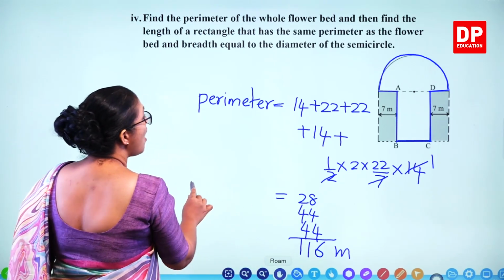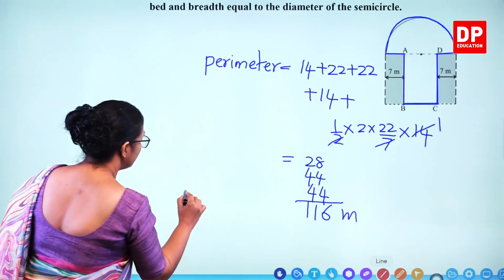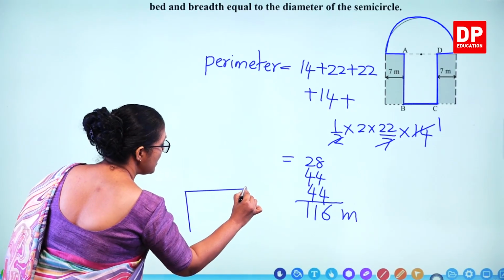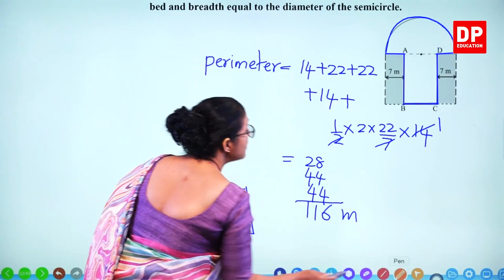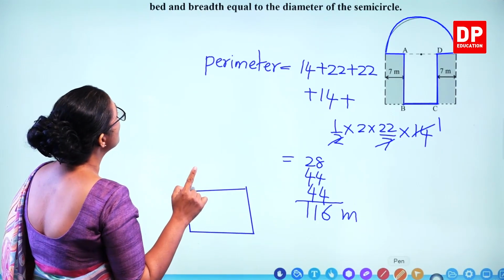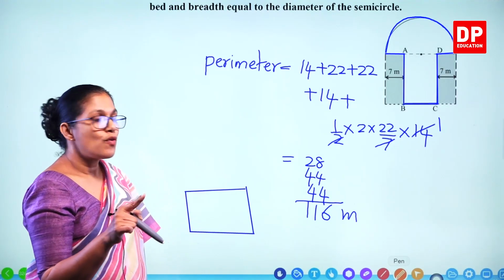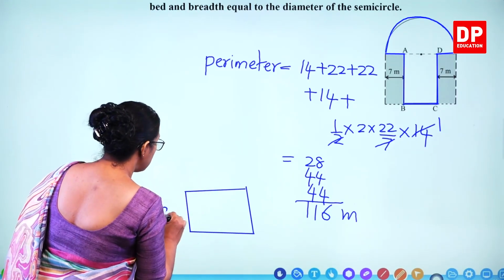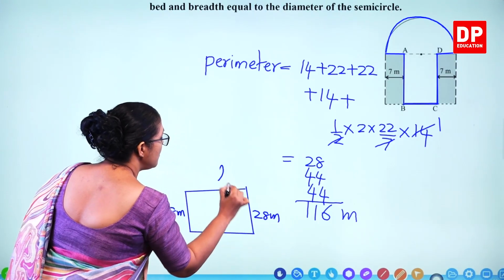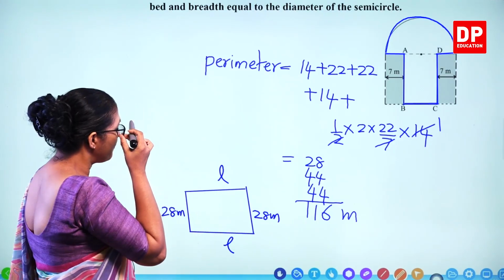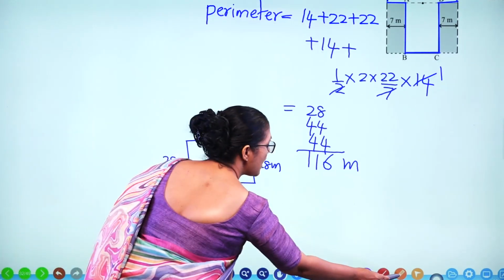Then you are asked if there is a rectangle with the same perimeter as the flower bed and the breadth is equal to the diameter of the circle. Radius is 14, diameter becomes 28. So this is 28, this is 28, and we need to find the length. What's the formula for the perimeter of a rectangle?